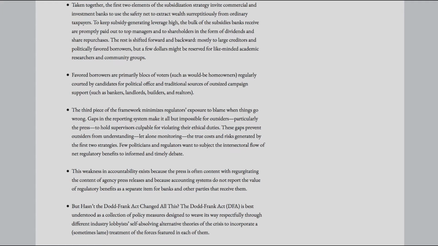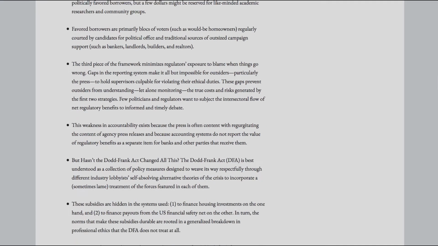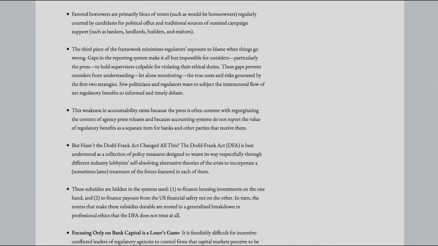Favored borrowers are primarily blocks of voters, such as would-be homeowners, regularly courted by candidates for political office and traditional sources of outsized campaign support, such as bankers, landlords, builders, and realtors.